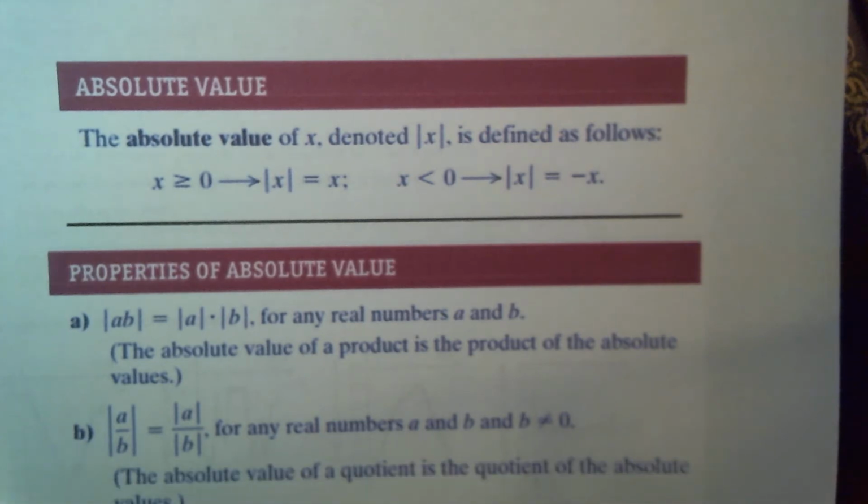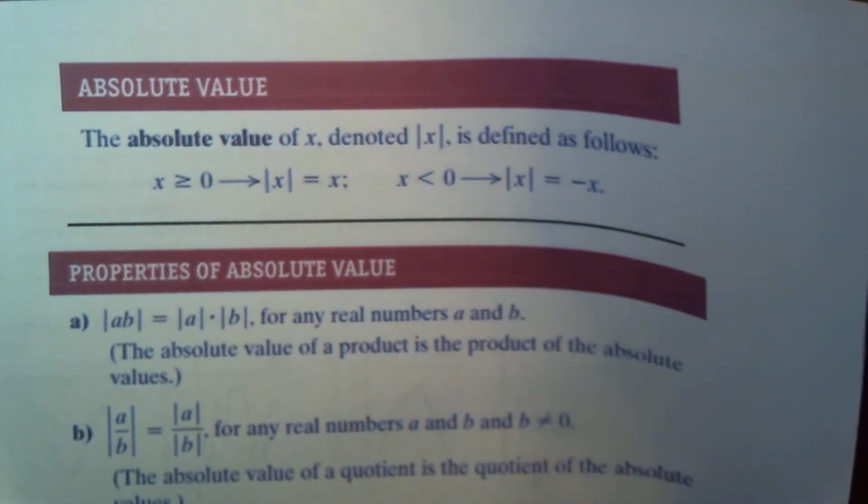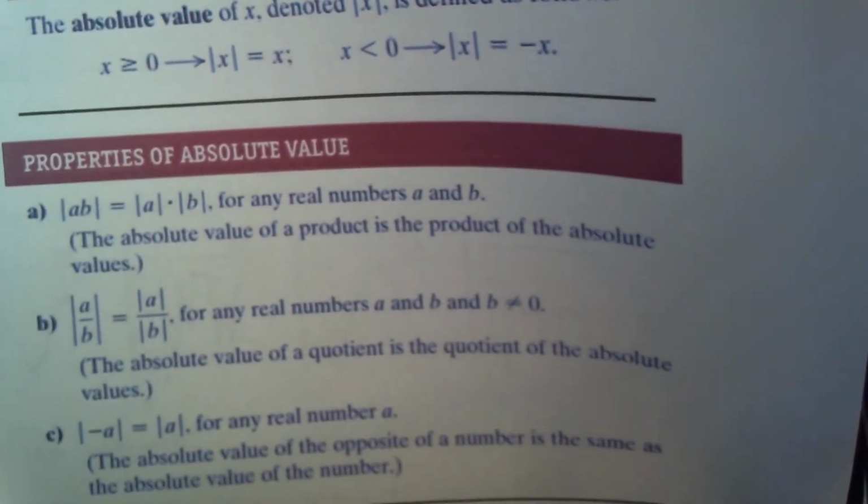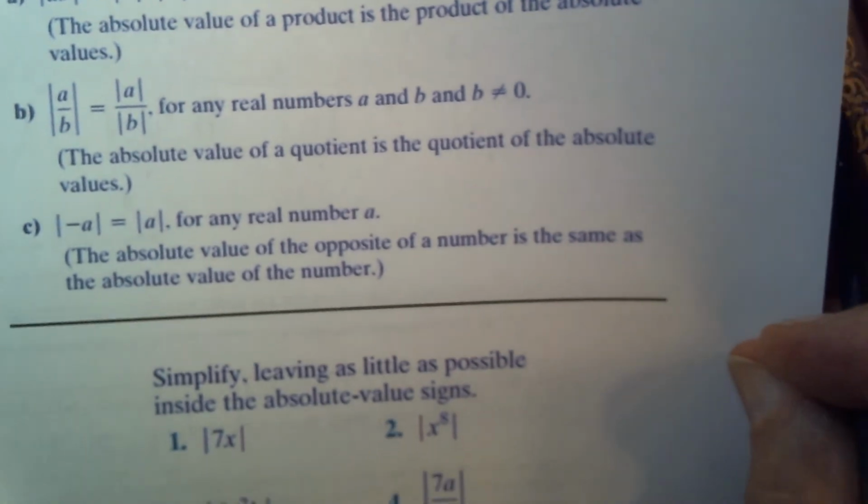Okay, then the absolute value of minus A is equal to the absolute value of A for any real number A. In other words, the absolute value of the opposite of a number is the same as the absolute value of the number. So let's work with these concepts here to answer some of the questions in the following problems.